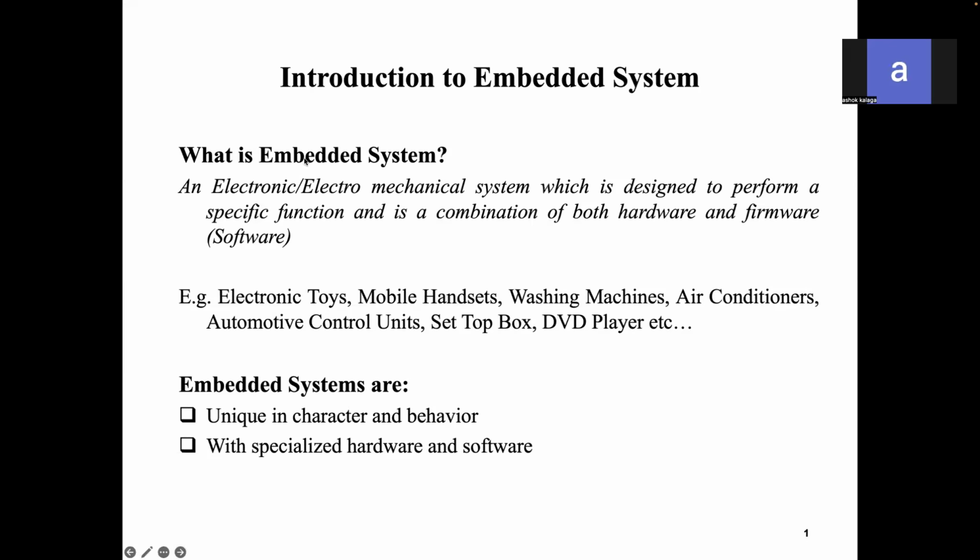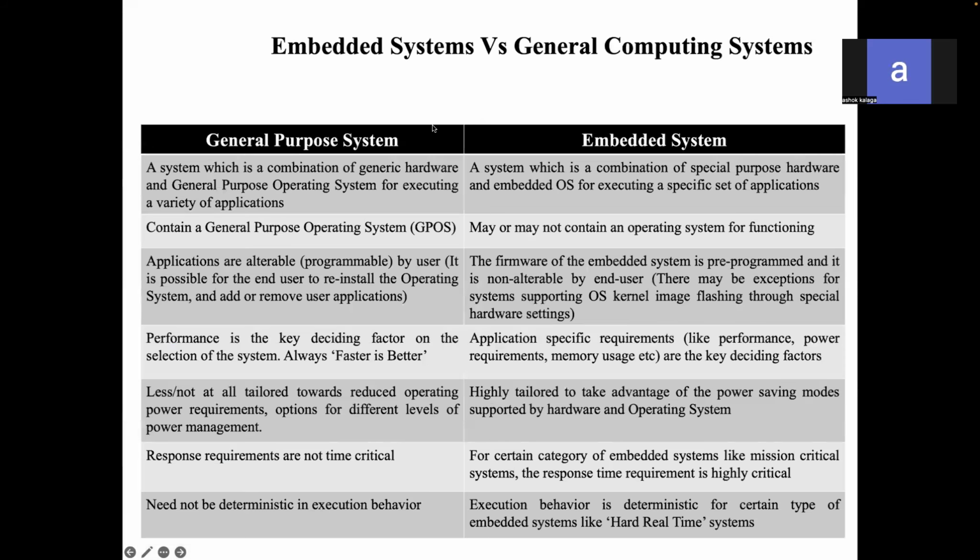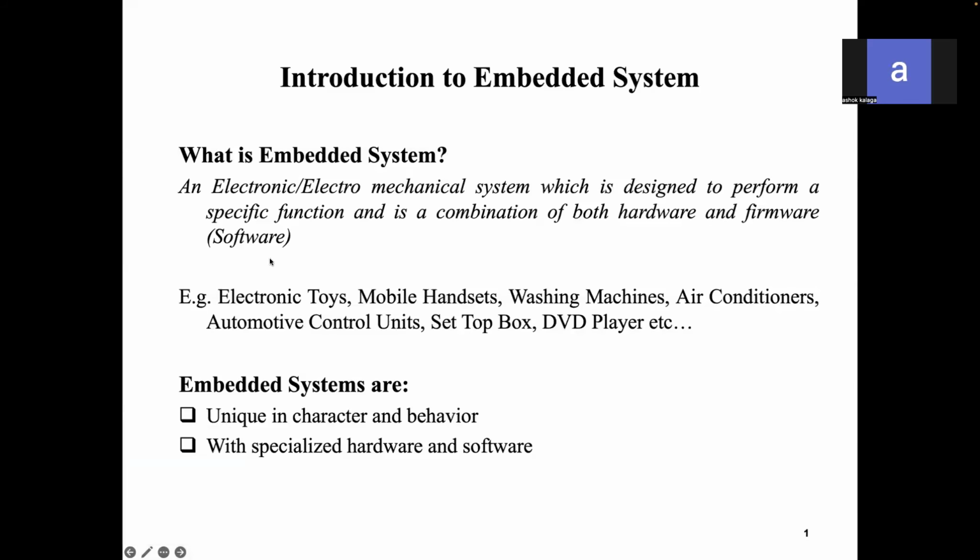Now, what is the purpose of an embedded system? The purpose is that we design a system which is going to perform a specific task. The best examples of an embedded system are electronic toys, mobile handsets, washing machines, air conditioners, automotive control units.